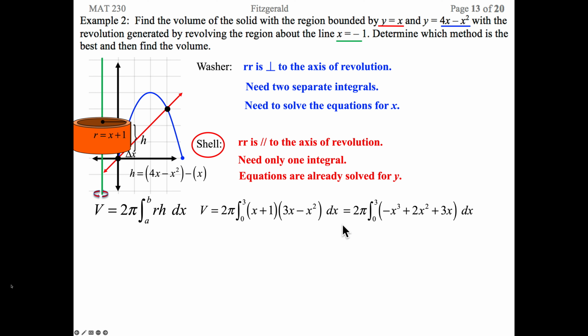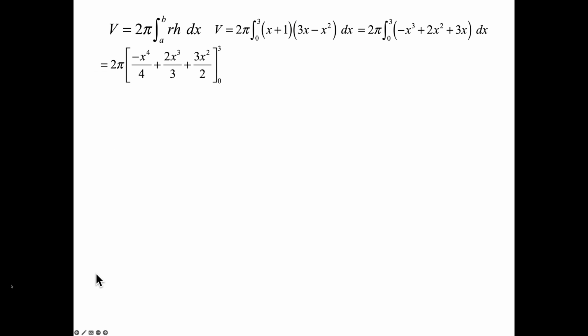All right, so let's integrate this. So 2 pi times negative x to the 4th over 4 plus 2x cubed over 3 plus 3x squared over 2. Again, starting with 0, nice. Those will all cancel out, so we'll just plug in the 3.